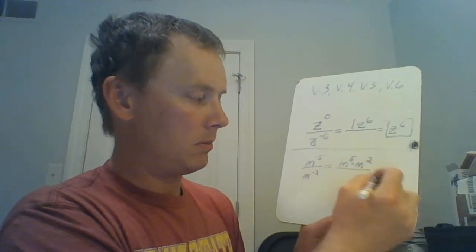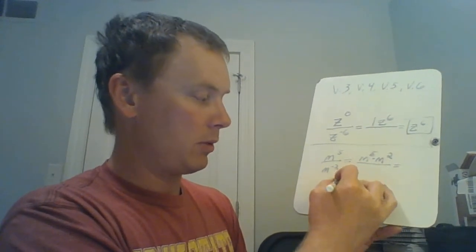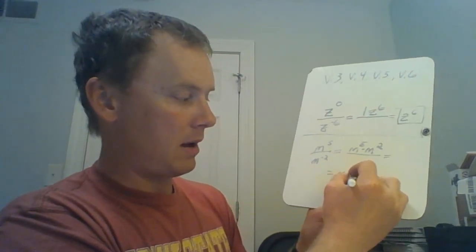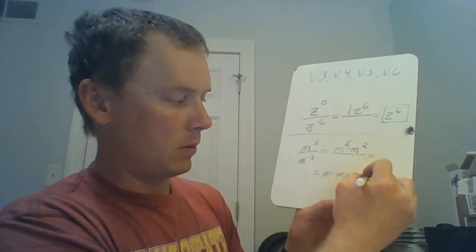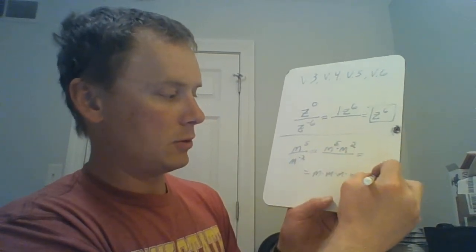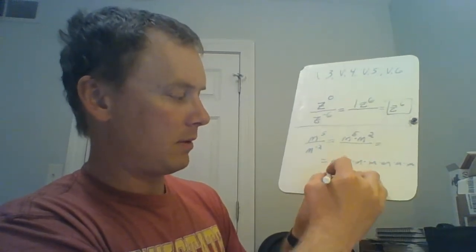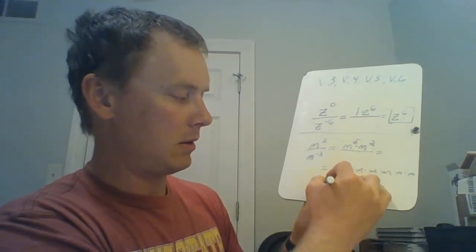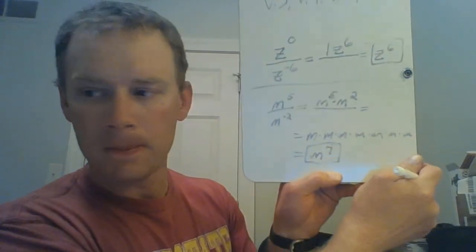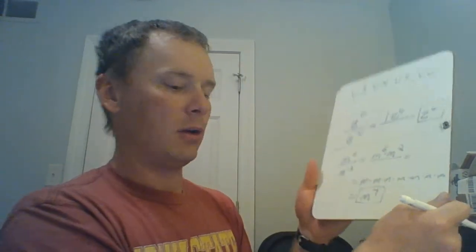And then I'm going to think about what we've learned previously: there's 5 m's there, and then there's 2 m's there. That makes a total of 7 of them, so that is m to the 7th. Okay, so that's a quick rundown.